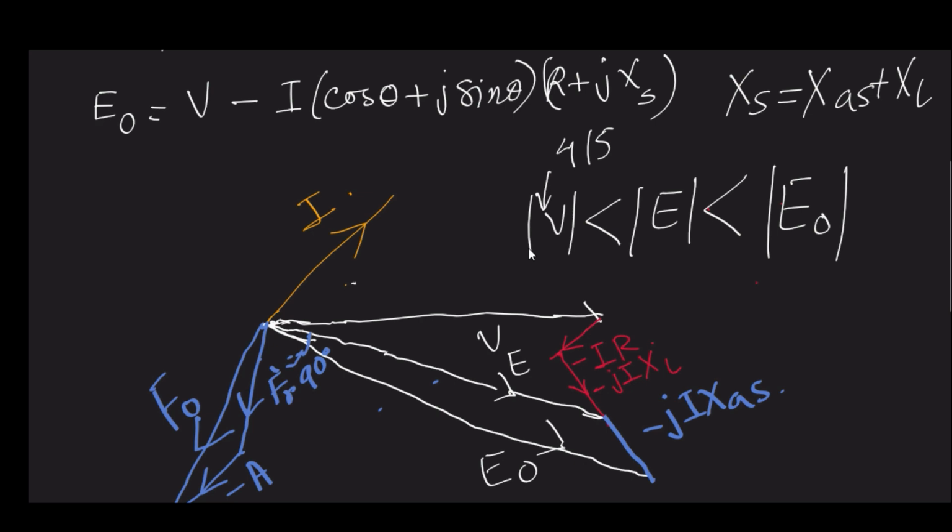But in case of overexcited synchronous motor, that overexcited synchronous motor can draw leading current. Overexcited synchronous motor draws leading current, right? And this overexcited synchronous motor is also known as synchronous condenser, and we use it for power factor correction.